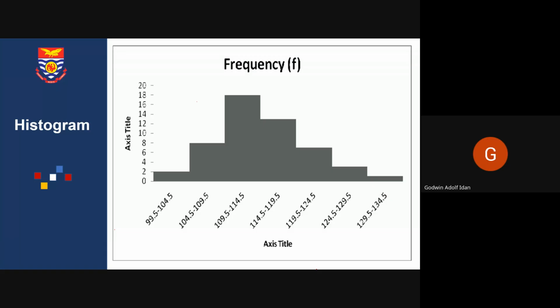Again, for a histogram, we have continuous bars, whereas for a bar chart, we have separate bars. So those are the two distinct features to take home. And the last one is that for a histogram, we plot the frequencies against the class boundary, and for the bar chart, we plot our frequencies against our class limits.